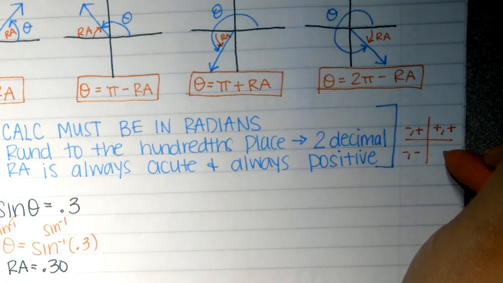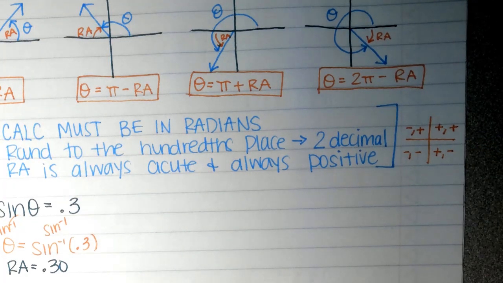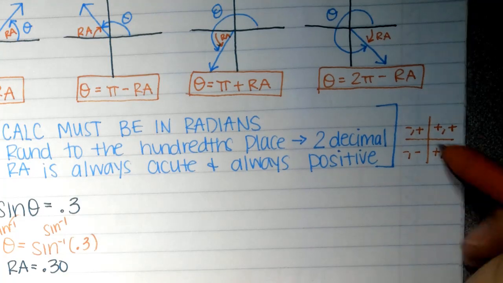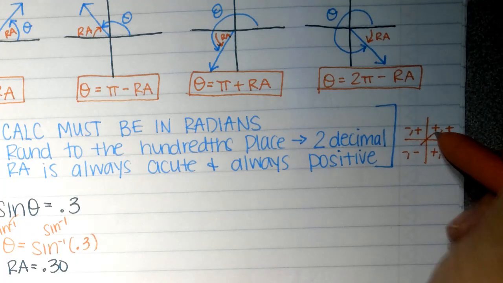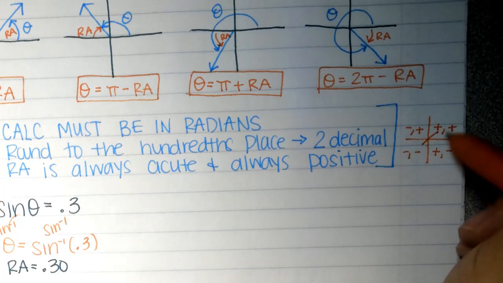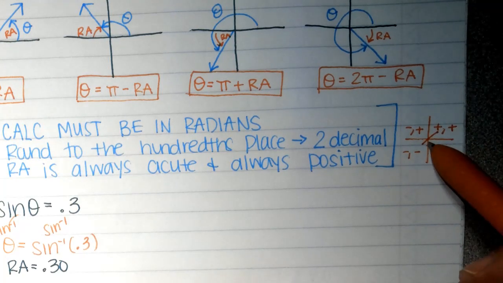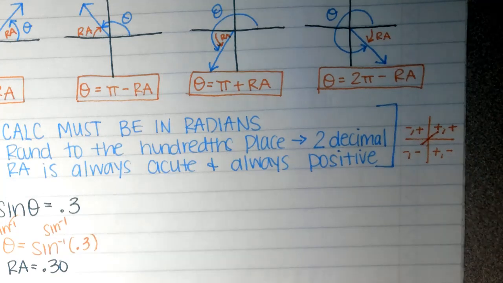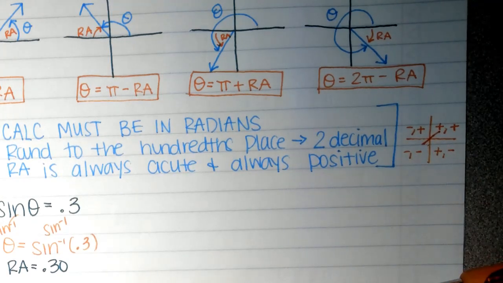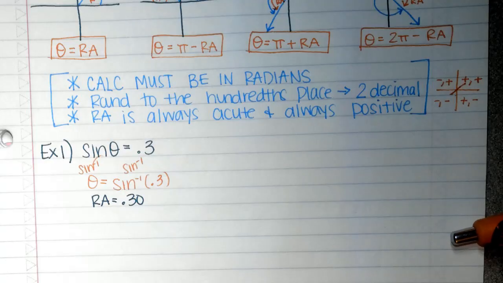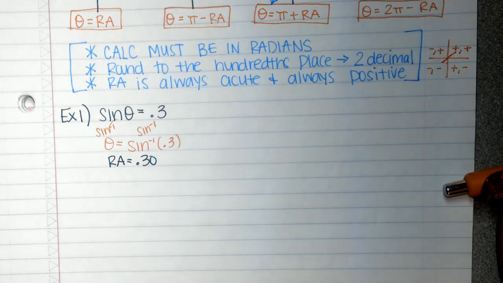Negative, negative. And quadrant 4? Positive, negative. Also you're going to need to know tan. Ava, write this down, please. Remember, tan is positive in 1 and 3. That's just my little note. Remember, slope is positive in 1 and 3.